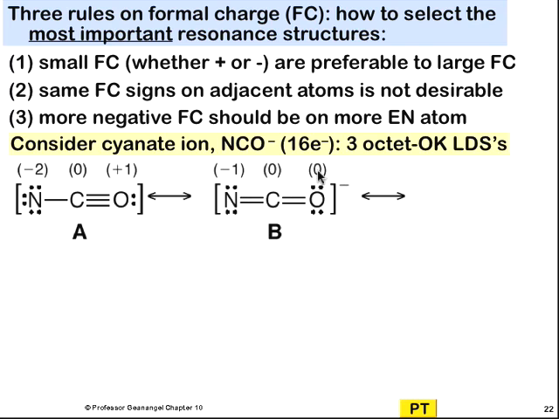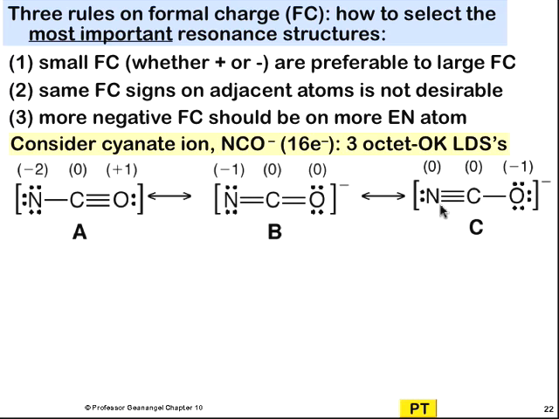Double bonded oxygen, 0. 4 bonds to a carbon makes 0. There are no lone pairs or anything. 2 bonds to a nitrogen with 2 lone pairs, when you do the calculation, makes -1. So this one has 2 zeros and a -1. That's clearly better than A for rule 1. Everybody see that? The formal charges are smaller in B.